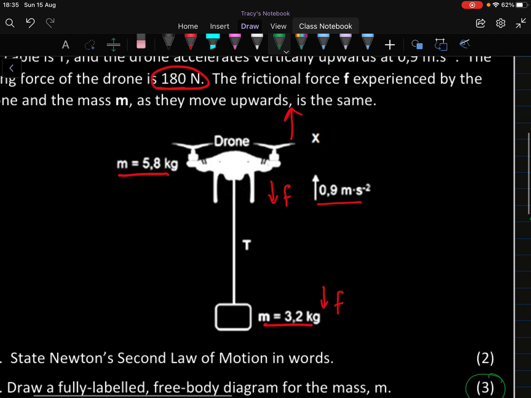The force of the drone is only acting on the drone. It's the engine of the drone, essentially, and it's the blades and all the rest of it. The forces that are acting on the mass are tension, friction, and gravity. Those are the three.